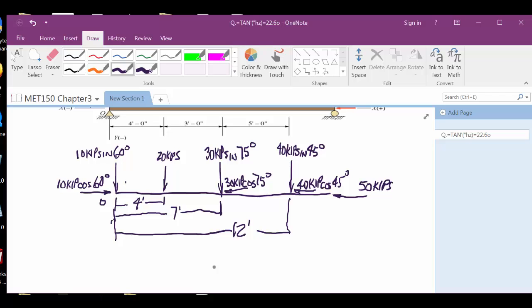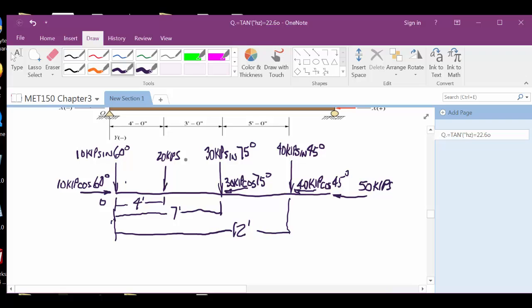Yeah, it's a vertical. This 20 kips is vertical. The only thing I have to break out is if it's got an angle. Anything that's vertical or horizontal, I don't have to break out. Just like the 50 kips. Is that what you're saying? Yeah. On this one, you could say 20 kips sine of 90, but what is a sine of 90? 1.